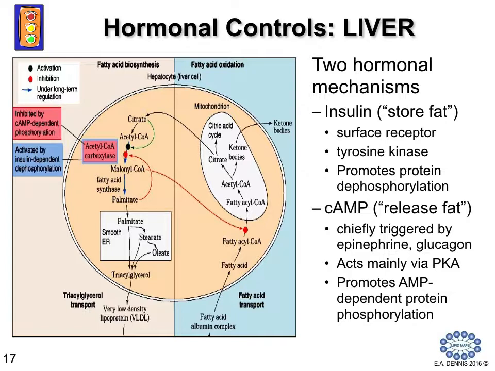Now, this is the control in the liver, which is primarily oriented toward biosynthesis of important complex lipids, but also needs energy as well.